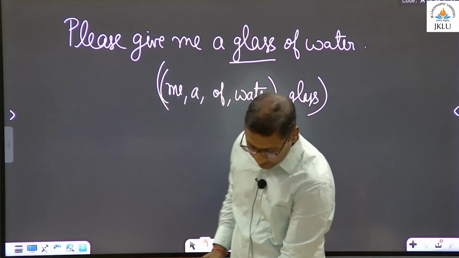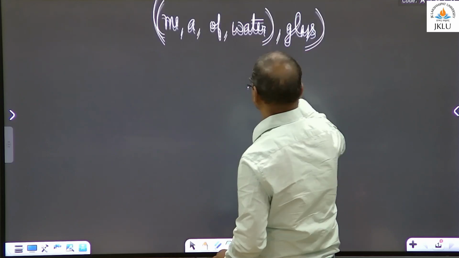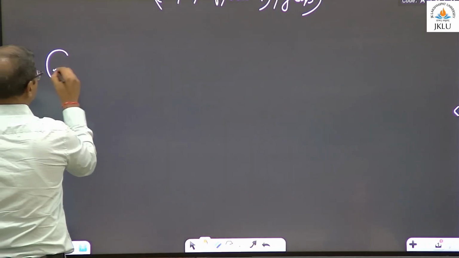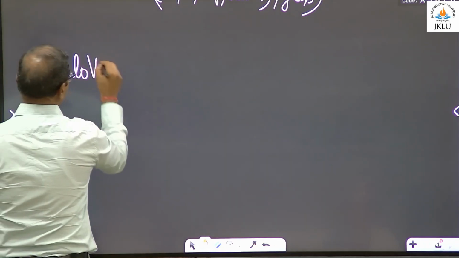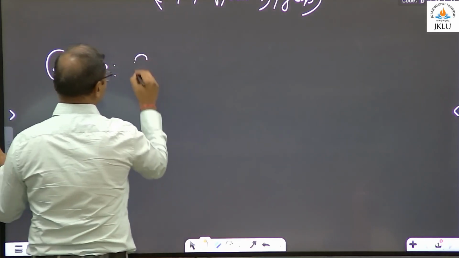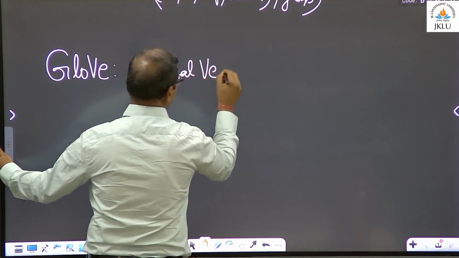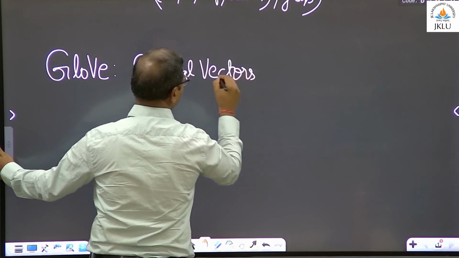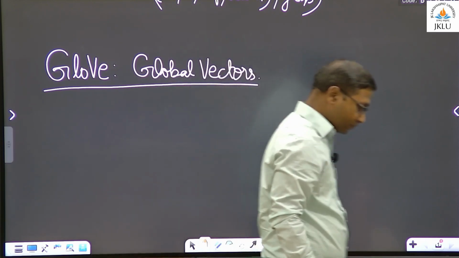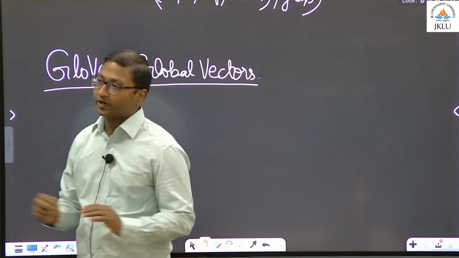Alright, then we start discussing GloVe. It stands for global vectors. And as we have talked about, word2vec unlocked a lot of ideas.